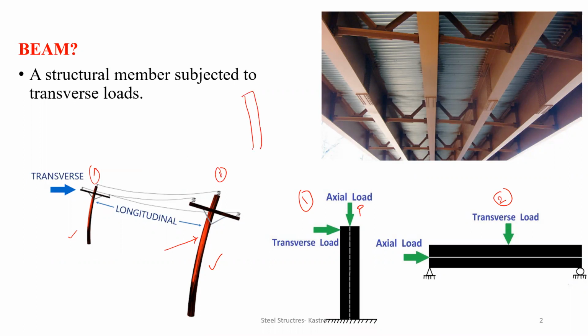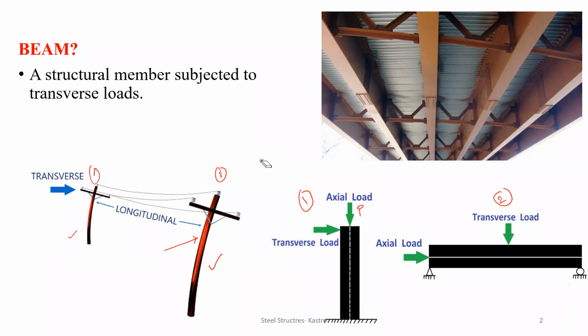Initially, they are perfectly straight, and you have the centroidal axis for this member. When the load is falling perpendicular to the centroidal axis, this member will have a tendency to bend. This causes the member to deform or change its original position, and you are also able to find a certain kind of deformation. This is what the transverse load causes to any steel structural member.